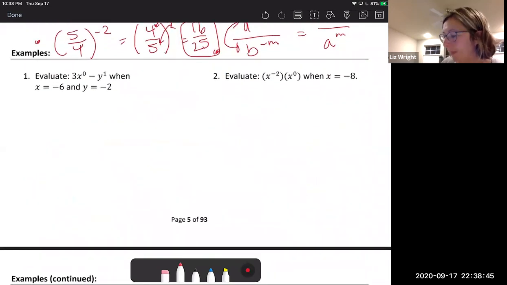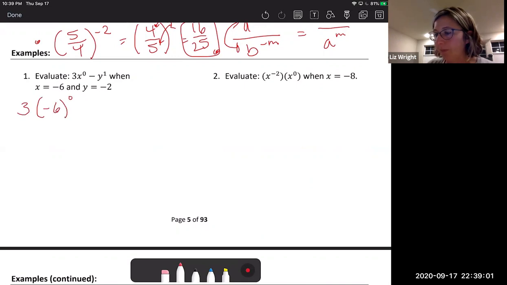All right. So for this example, it says evaluate 3x to the 0 minus y to the first when x equals -6 and y equals -2. So we're going to do that. So 3 times -6 to the 0 minus y, oops, I need to do an actual number in there, minus -2, and we're raising it to the first.